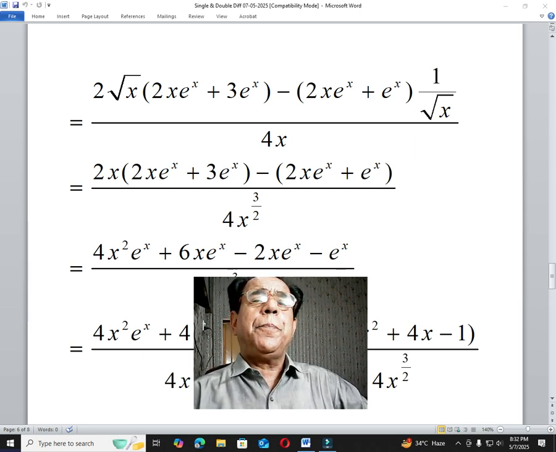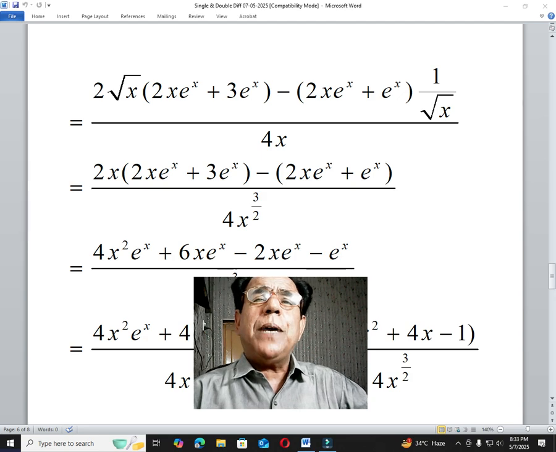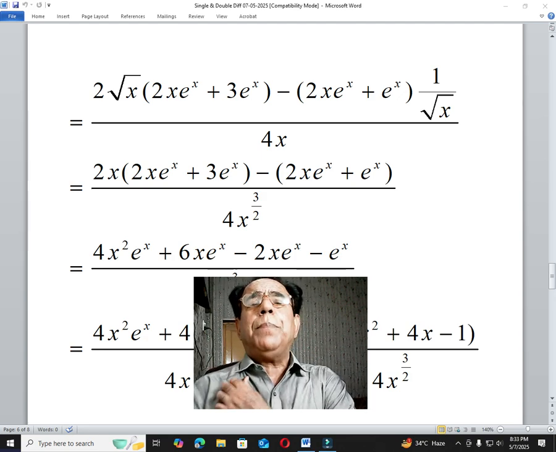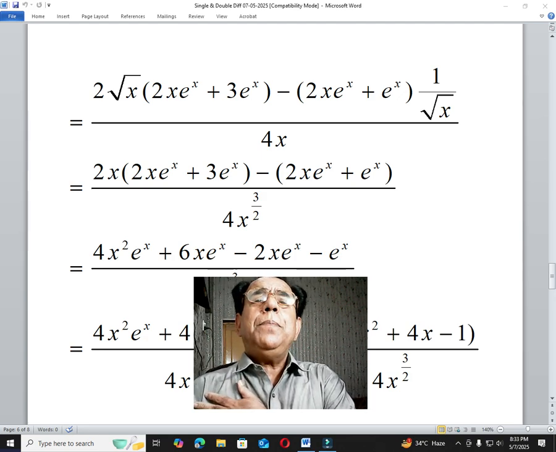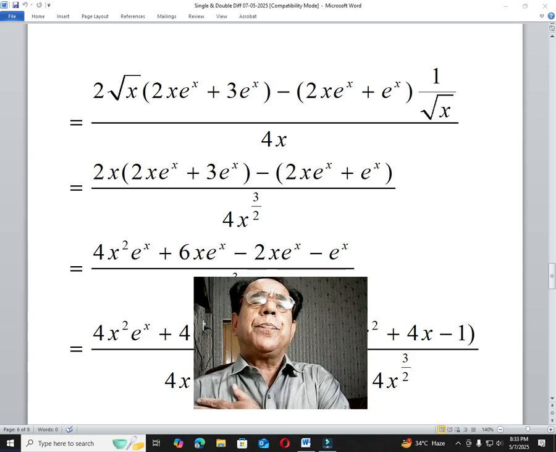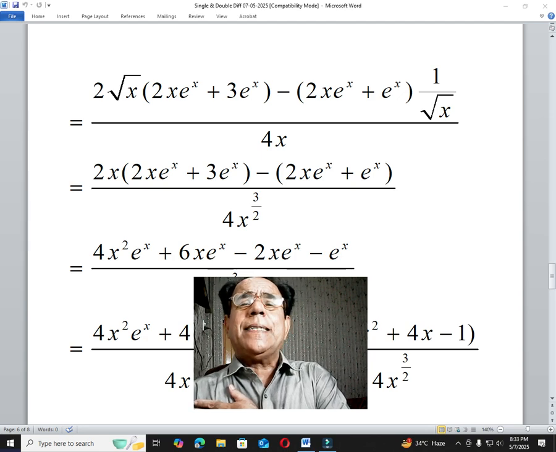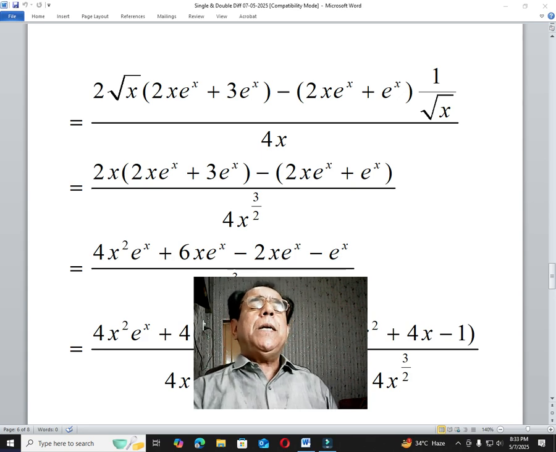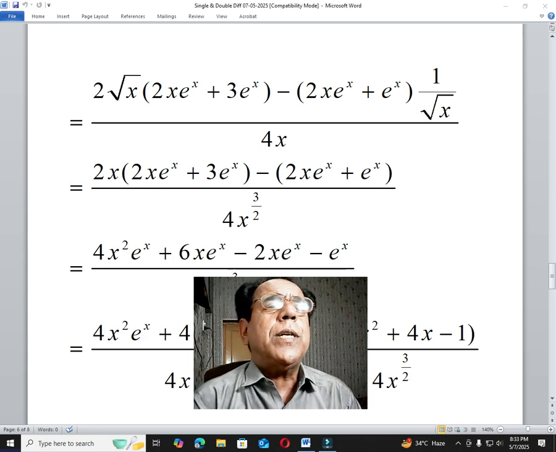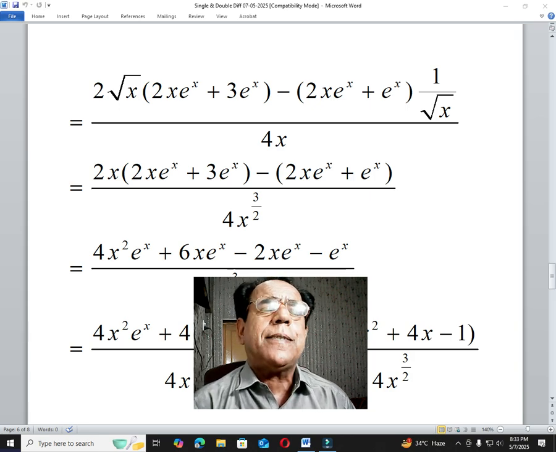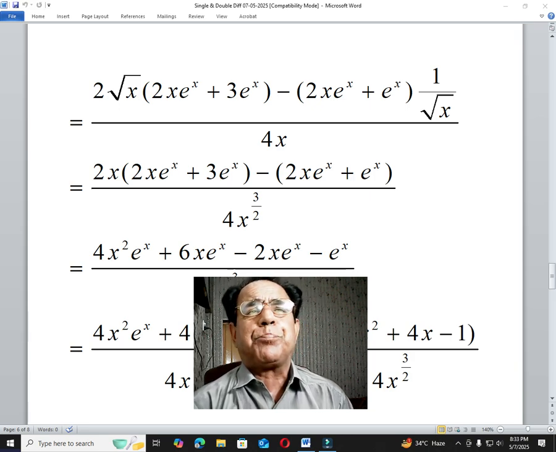What we have done, actually this power x raised to power 1 by 2, this will be shifted here. In other words, we have taken LCM as x under root, and this x under root will be multiplied to this first portion, which is 2 into x under root into 2x e^x plus 3 e raised to power x.